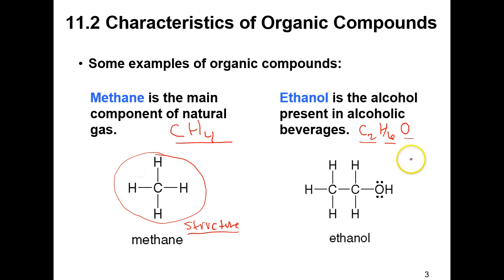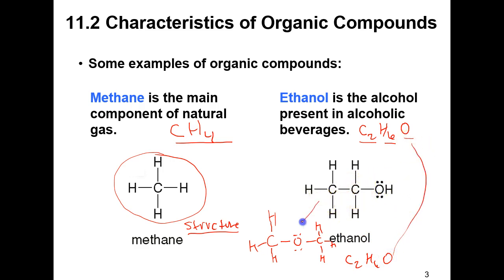Just to give you a heads up and a sneak peek at what we'll be seeing in the future, you might be thinking, well, I can redraw this molecule a different way. So rather than having the oxygen on one of the outer atoms, you can have the oxygen in between the atoms. And notice the formula is still the same. This is still C2H6O. So this is why it's important to understand the structure, not just the formula, because notice these are the same formulas, but these are not the same molecules.